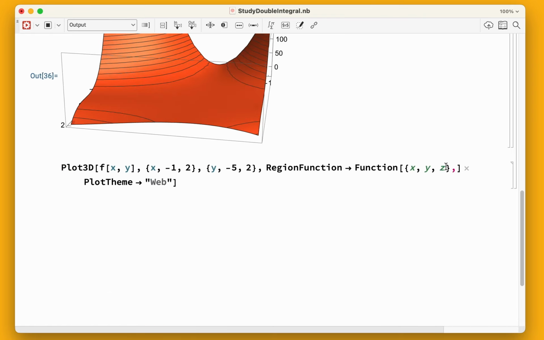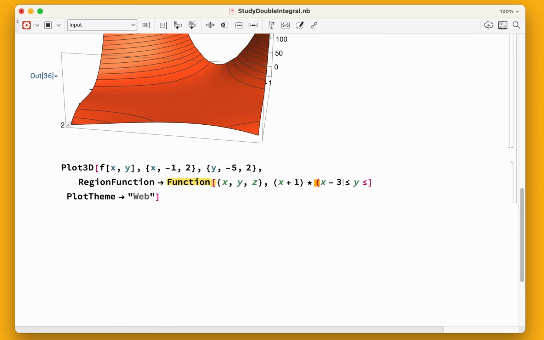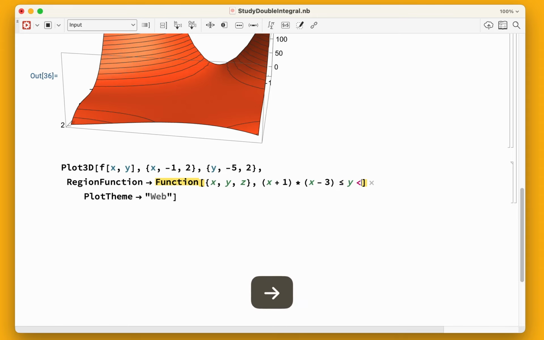So we can conclude that y has a range from the first equation, x plus 1 times x minus 3, and the second equation, that is minus x square, right?